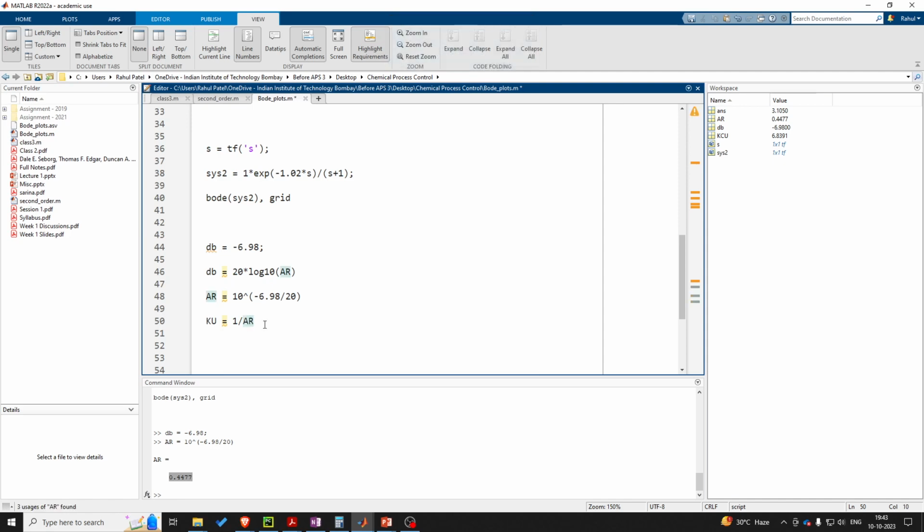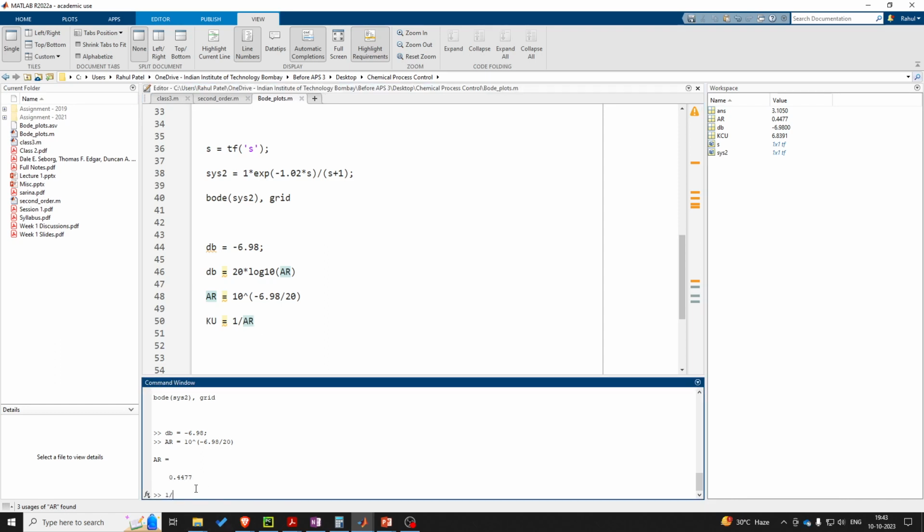So using this formula of the gain margin, we have the gain margin equal to Kc upon the amplitude ratio. Using that equation you can just find the ultimate gain as 1 upon AR.